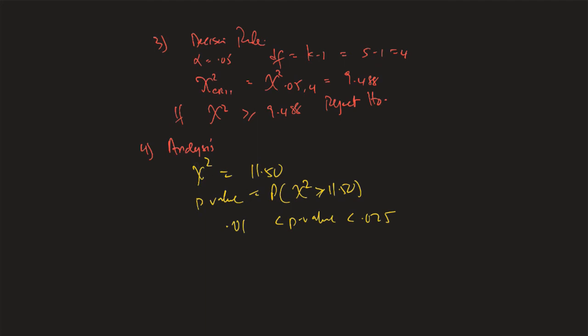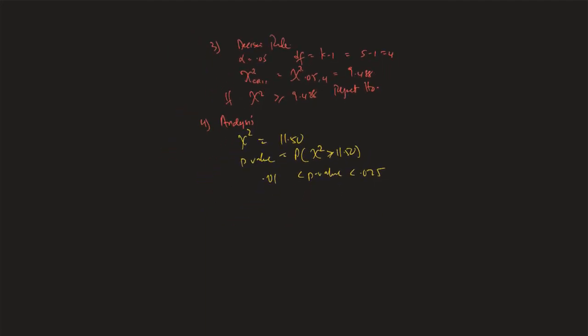And so therefore, step 5, our decision conclusion. Since 11.5 is greater than 9.488, reject the null hypothesis, and the fit is not good. Essentially, the largest companies differ in performance. That's our conclusion.